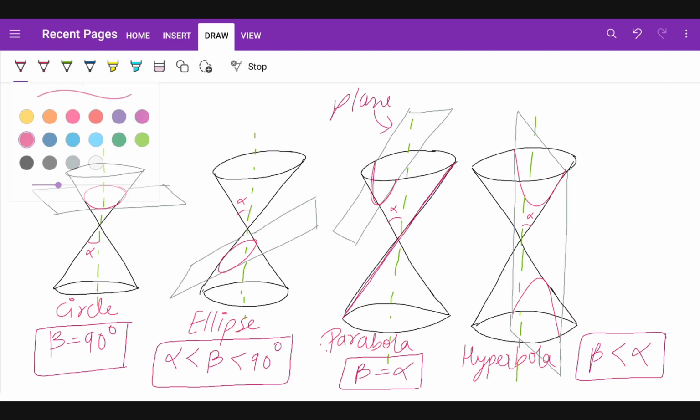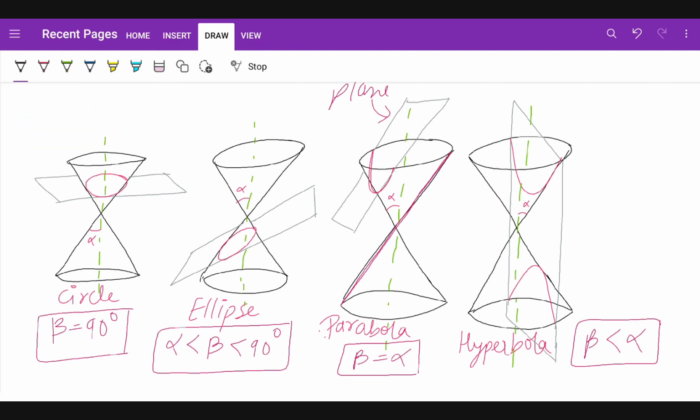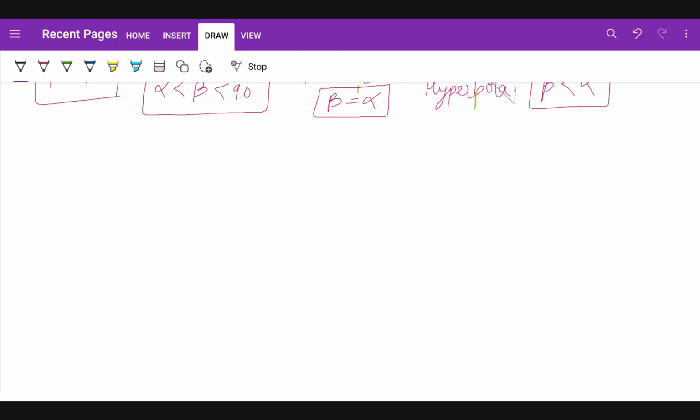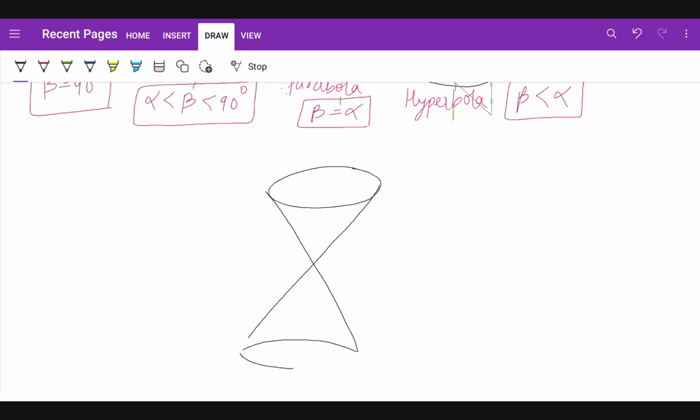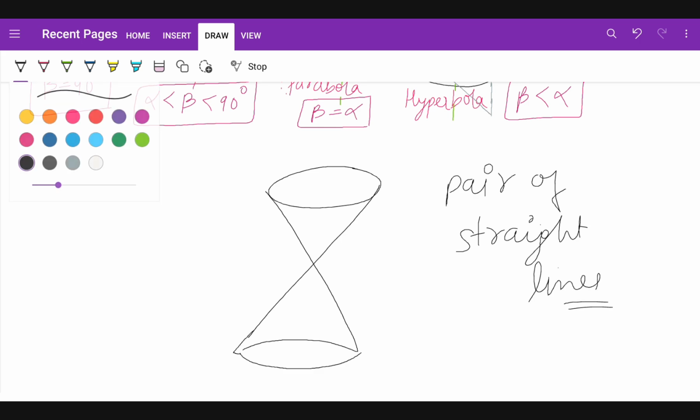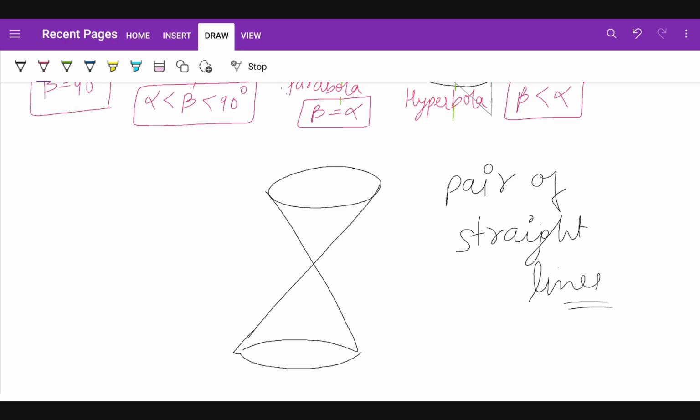Now there is another conic section that is left, any guesses? It is a pair of straight lines, right? Now what is the condition here?